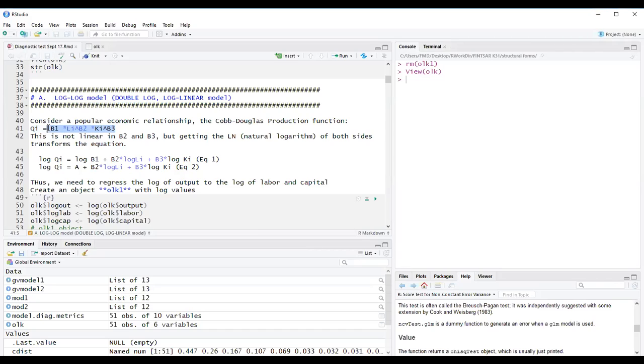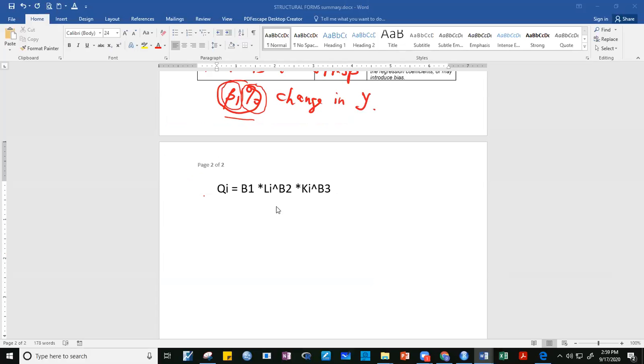Control C. Can you see the Word file, guys? No, sir. R pa din po, sir. Okay. All right. I just copied that equation.